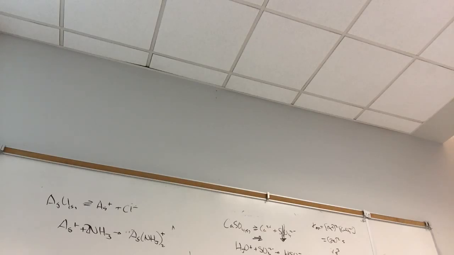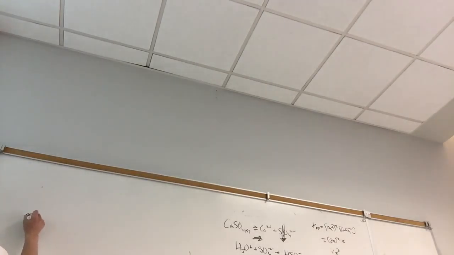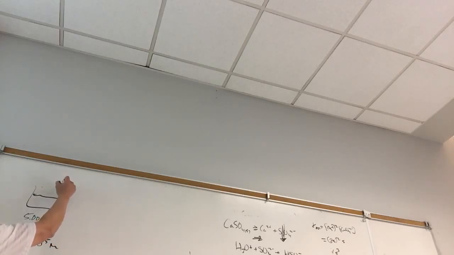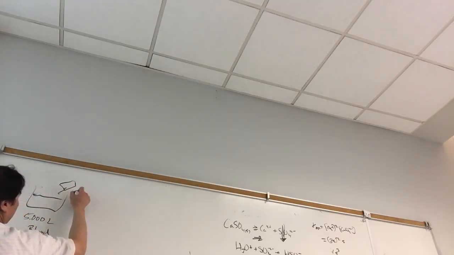So doing number 16, this is just assuming there's 5.000 liters of blood. The blood is going to have an iron 2 concentration of 1.3 times 10 to the minus 5 molar. Then we're going to add 12.0 milliliters of 0.039 molar sodium cyanide.